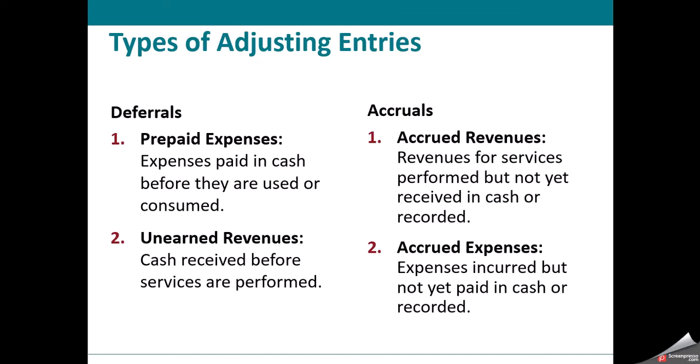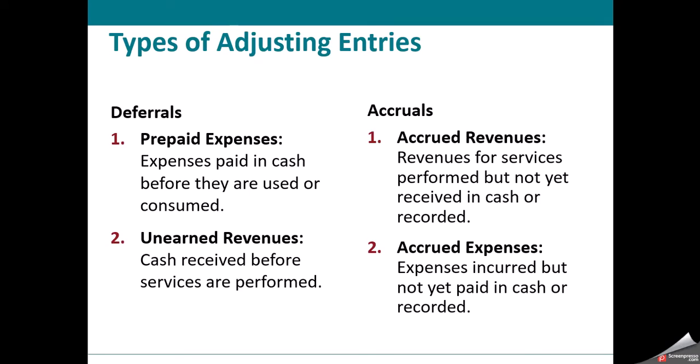So here are our different types of adjusting entries. I already gave you an example of one of them, but we have deferrals and we have accruals. So deferrals are when we have prepaid expenses. So we've paid in cash before we've actually consumed or used them. So sometimes your insurance comes in an annual bill. So you pay it February 1st and it's for the whole year.